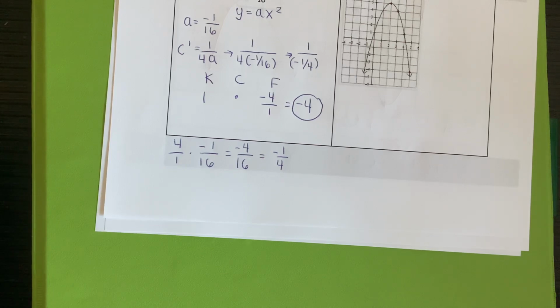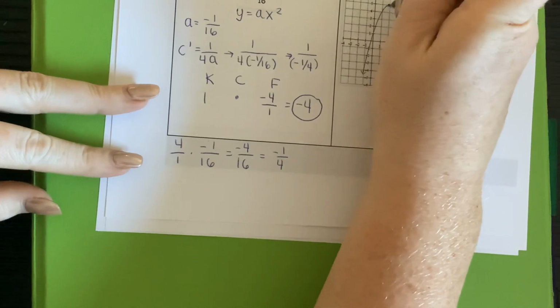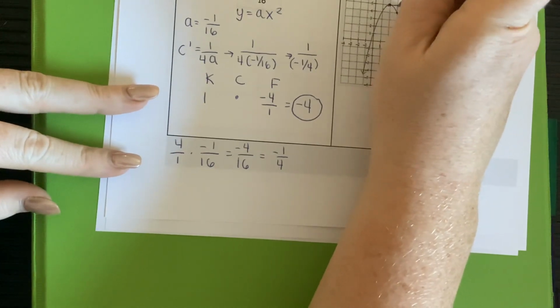If you're given a graph, you need to figure out what your a value is based on your graph. This is the one time that you really need to understand that your a value tells you, when you're moving 1 unit right and left, how far you're moving up and down. So on this one, if this is our vertex, to get to this point, we go over 1, down 1.